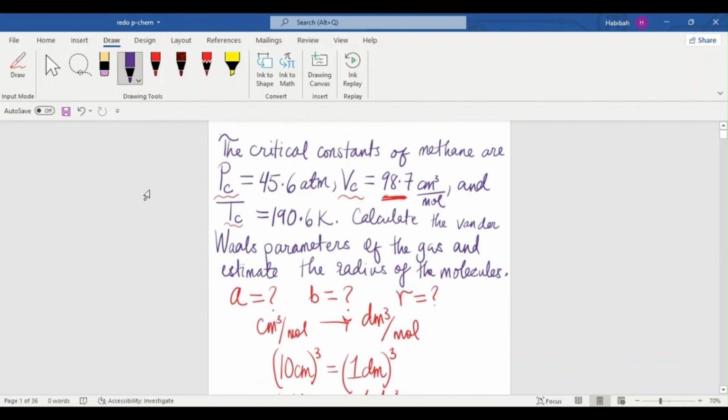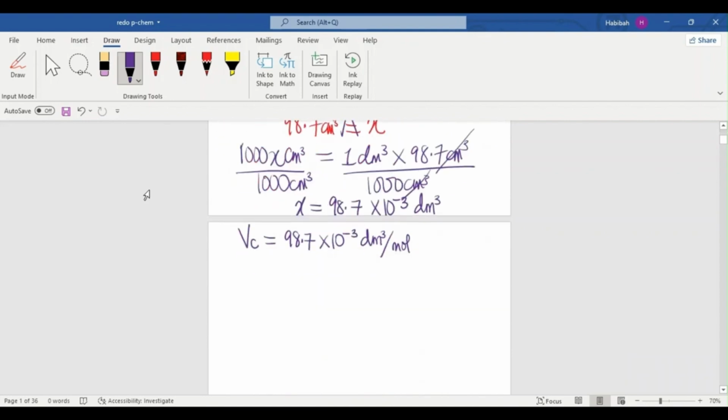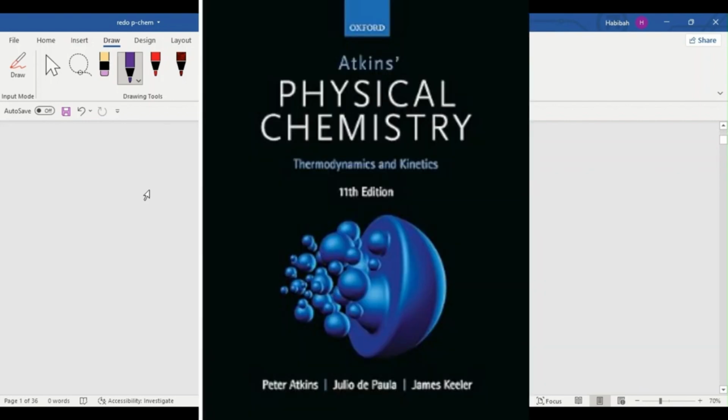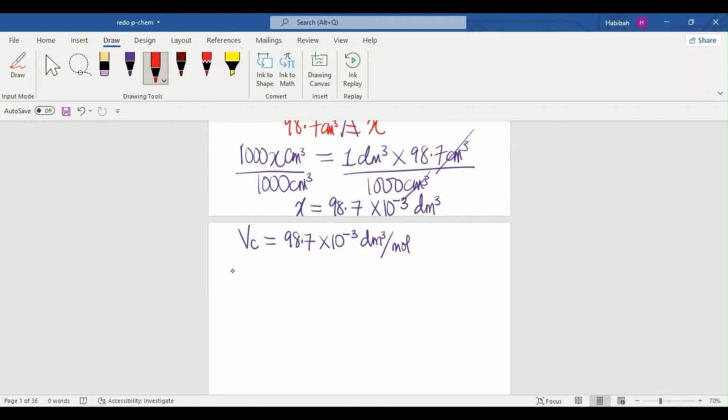To determine what B is, we have to go back to our textbook. I'm using the physical chemistry Atkins textbook, and in our textbook we know that the formula for the molar critical volume, VC, is actually equal to just 3B. So the parameter B can be found because we know the value of VC.